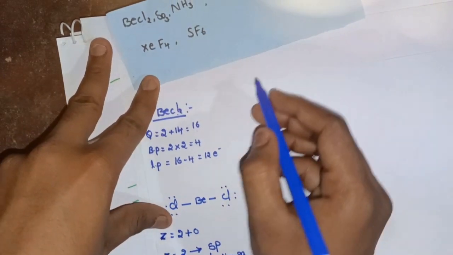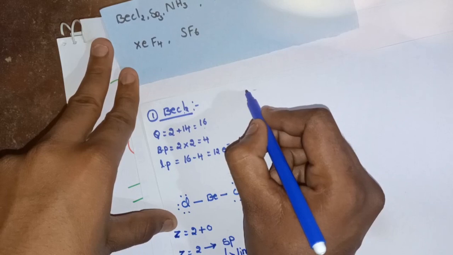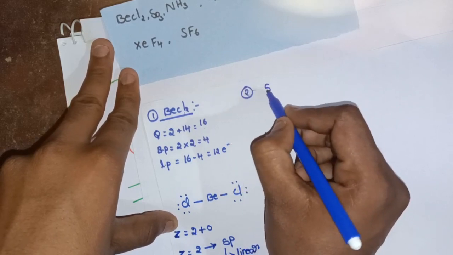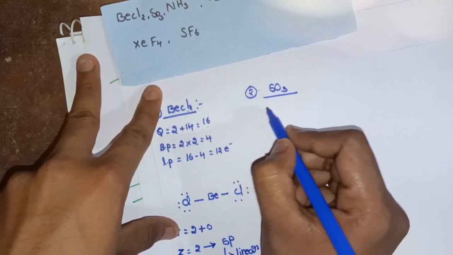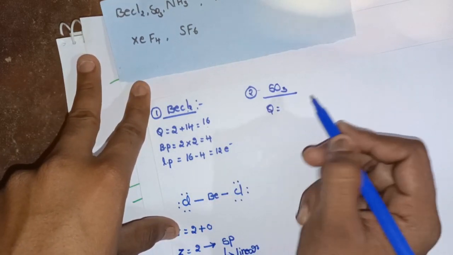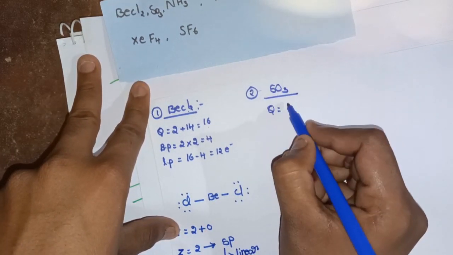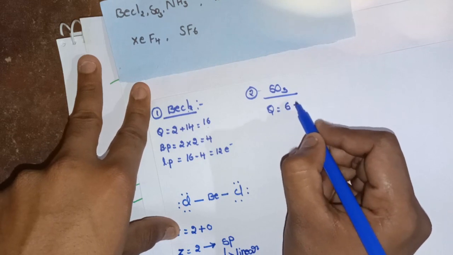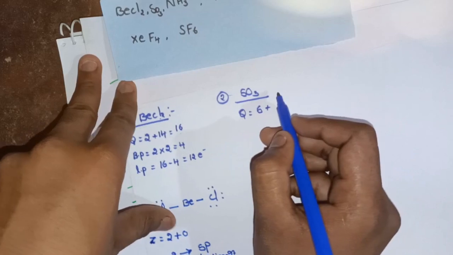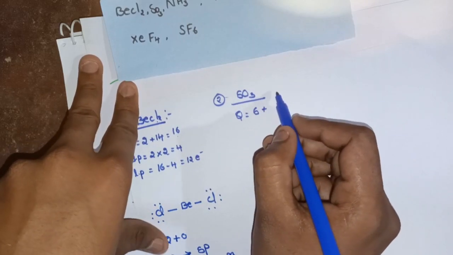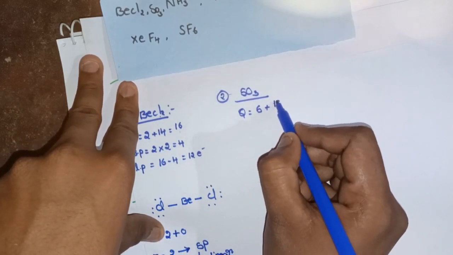Let's find out the hybridization for SO3. Same, we have to count the total number of electrons. Sulfur has 6 valence electrons. Each oxygen has 6 valence electrons. Here there are 3 atoms, so 3 into 6, that is 18.